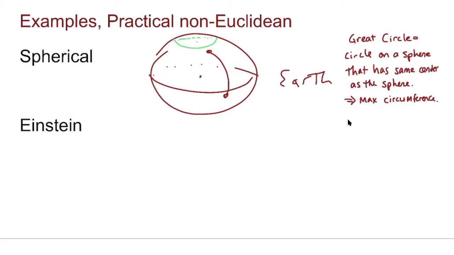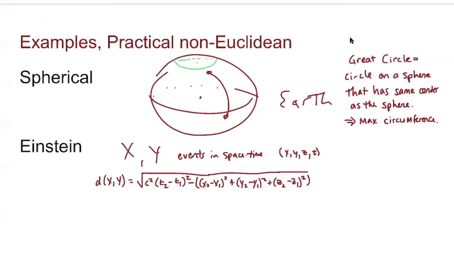Going back to the special theory of relativity from Einstein, with the fourth dimension being time. If we have X and Y as events in space-time with coordinates x, y, z, and t, then we get this somewhat familiar expression. If I look at this piece here, that part's really familiar. That's the Pythagorean distance in space. And then I get this weird c squared times (t1 minus t2) squared.